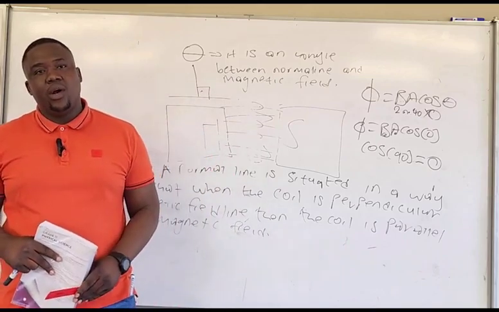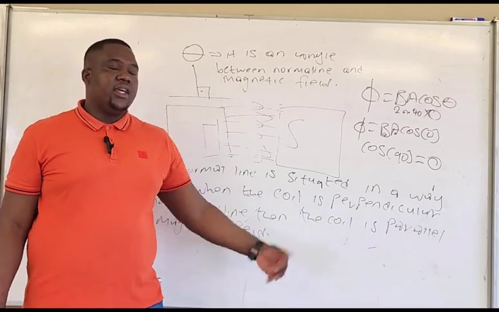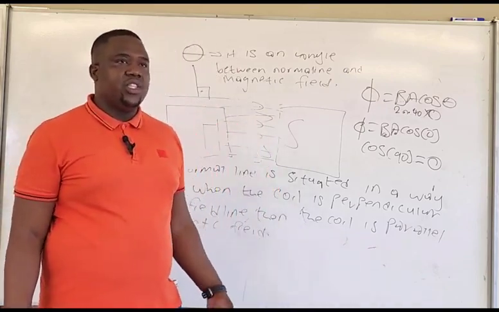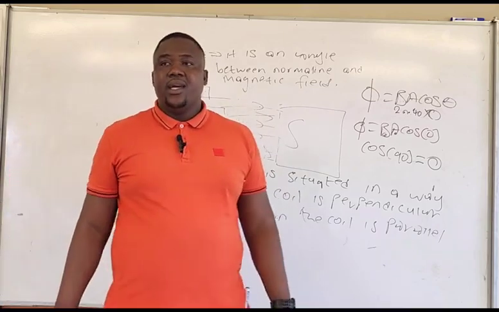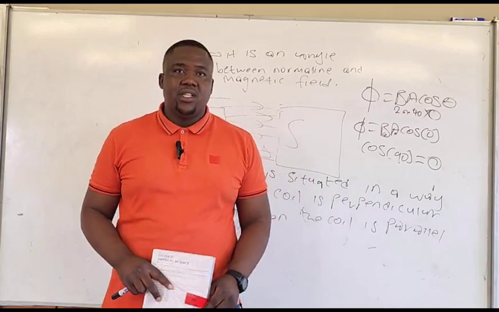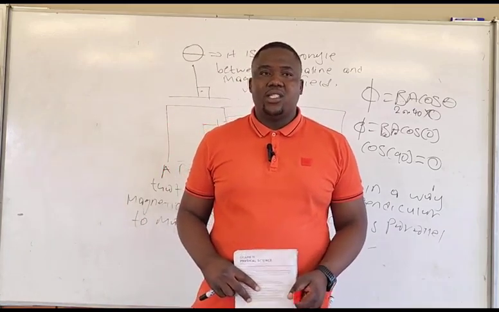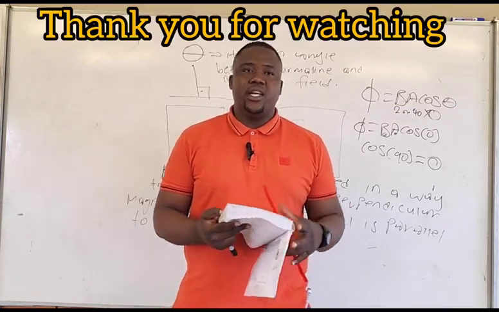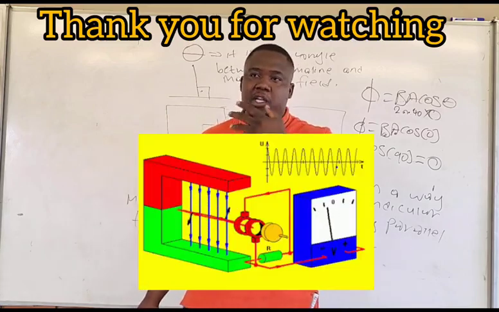In the question, you will find that they tell you that the coil is parallel to the magnetic field line. When they say a coil is parallel to the magnetic field line, they are trying to tell you information about the normal line. It means the normal line is perpendicular to the magnetic field line, because the normal line is in the coil. It is positioned in a way that it opposes the position of the coil.